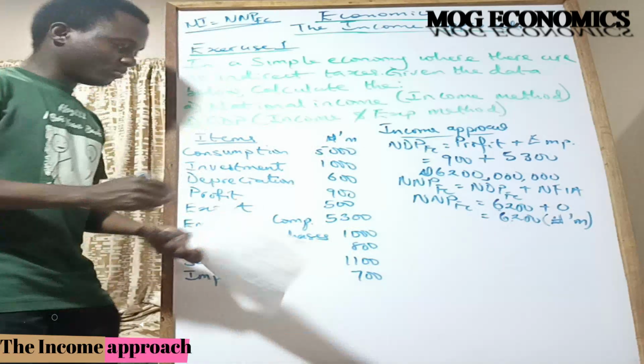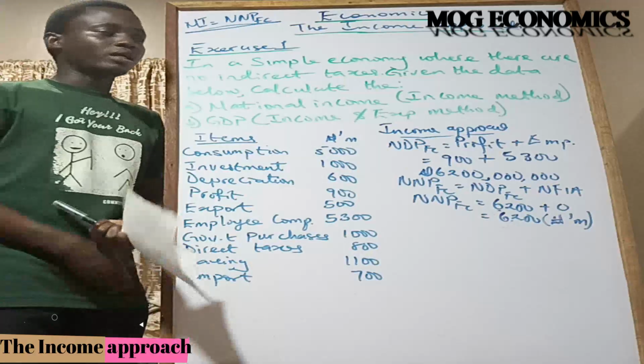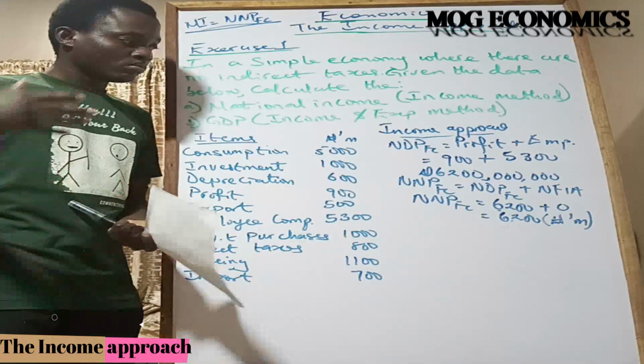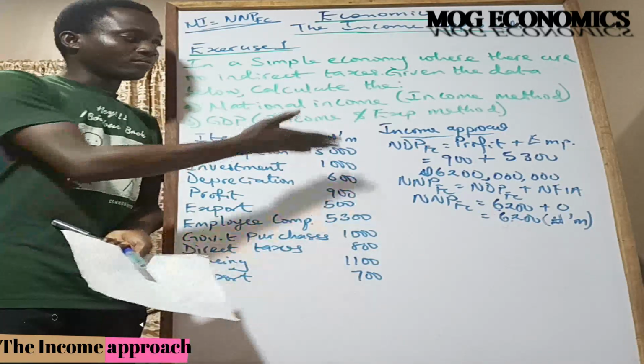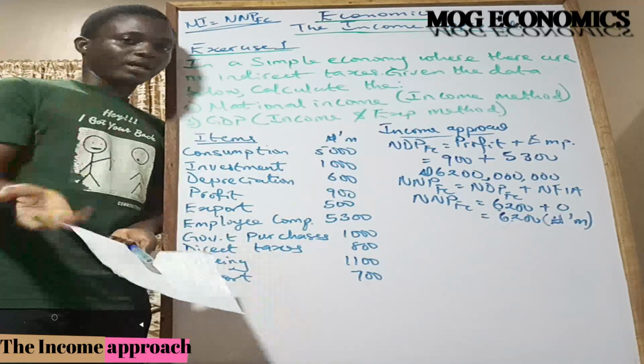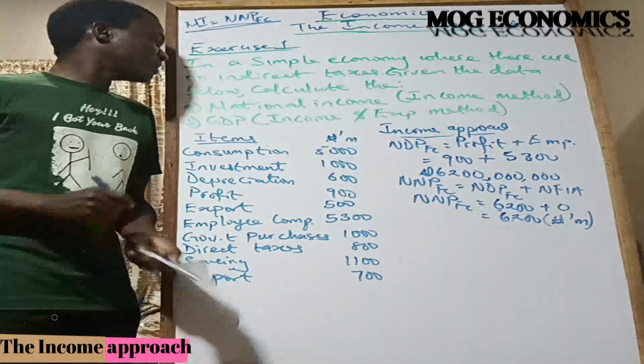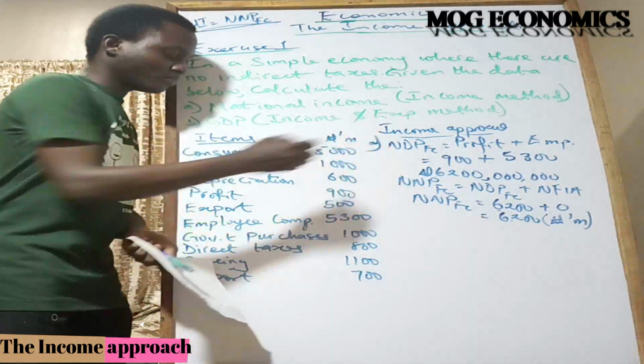We leave it like that, that's the unit of the question anyway. So we are done. This is our national income. Because we were not given any other item that we could have put here, don't bring in something that is not there. Don't manufacture data. That's that about question A.